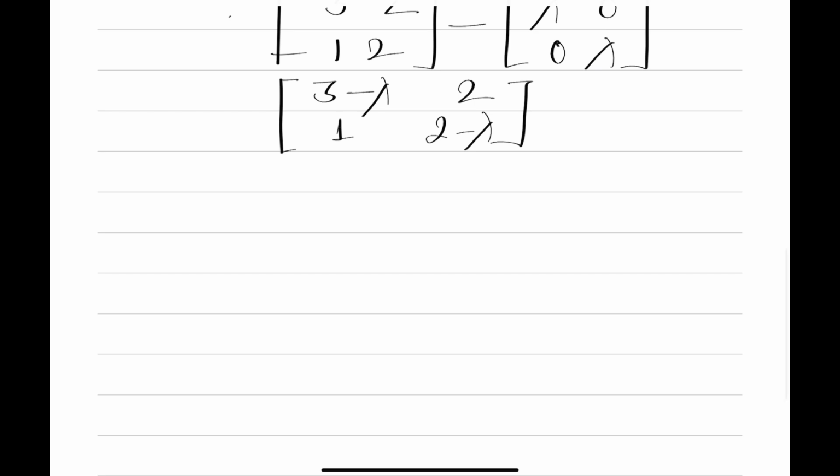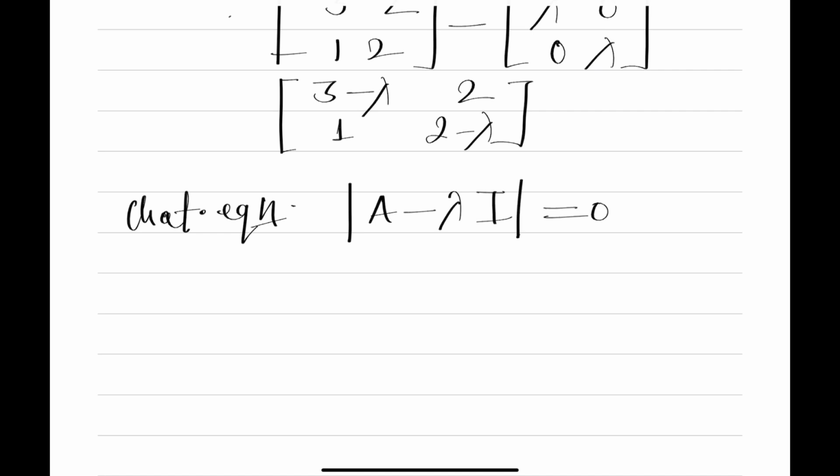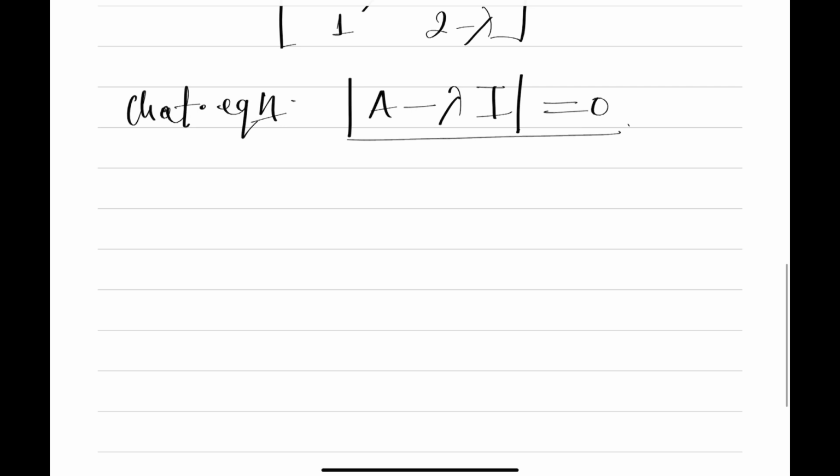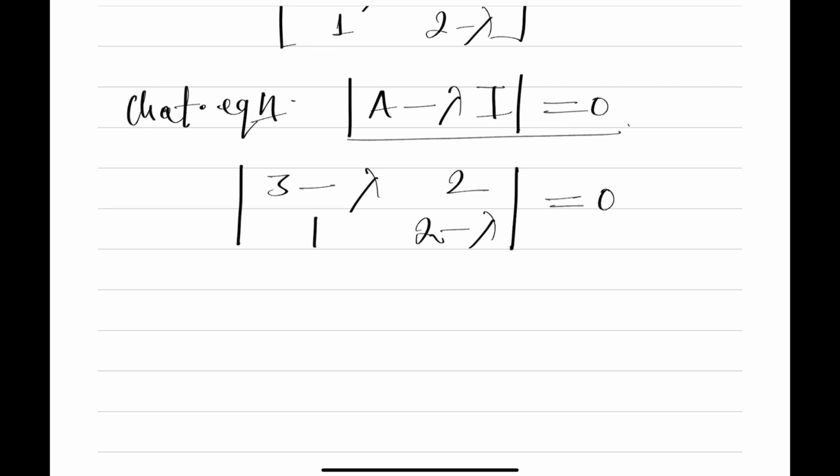Now we have to write the characteristic equation. So our characteristic equation will become determinant of A minus lambda I is equal to 0. Now our determinant will become |3 minus lambda, 2; 1, 2 minus lambda| equals 0.